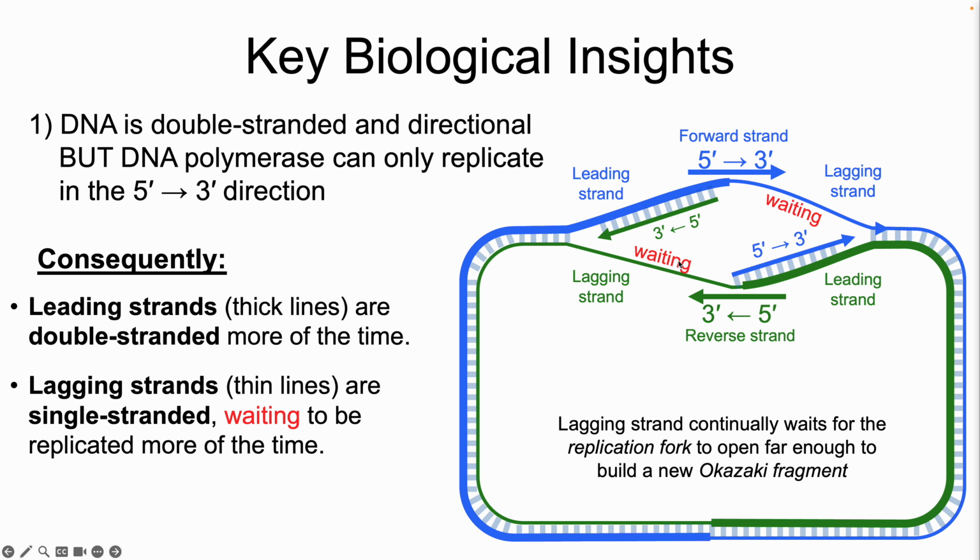It can't go from 3 to 5. It has to wait until that fork is open wide enough to fill in the fragments. So those are Okazaki fragments. Remember those? So it has to build this in pieces. And the reason that's important is that those strands spend a disproportionate amount of time single-stranded while they wait for the fork to open wide enough.